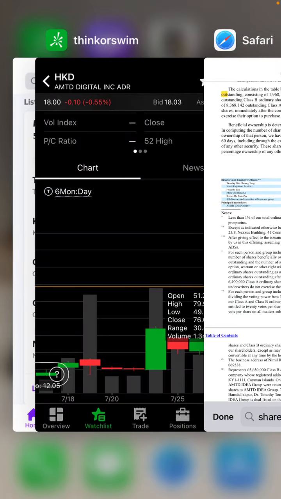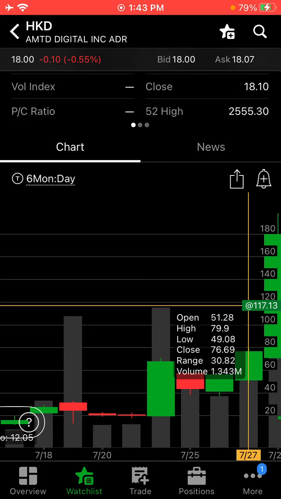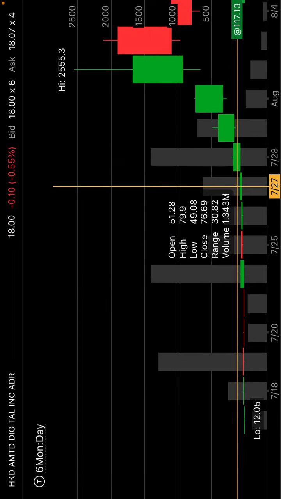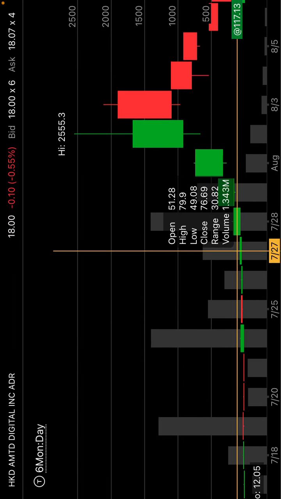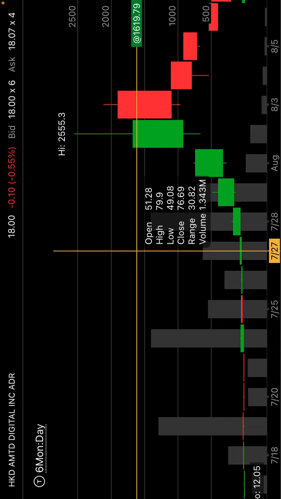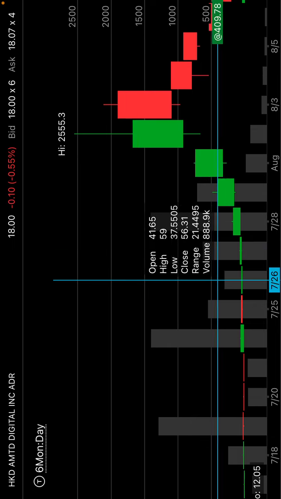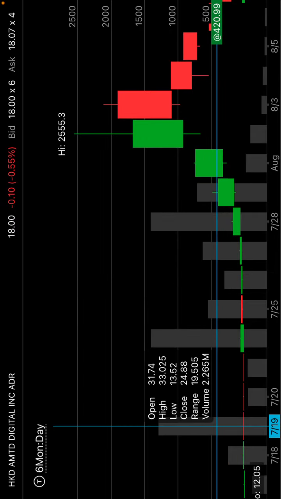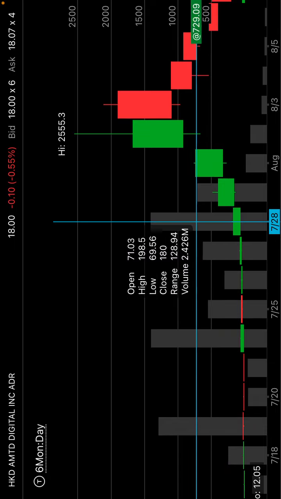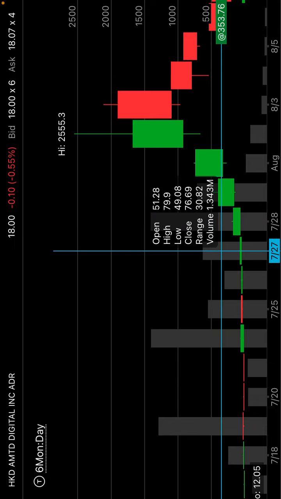And so based on how the float on this day, I can't zoom in closer, but if we were looking at 7/27, we wouldn't see that it already went up to over 2,000. We would see that it went from like 12 to now it's at $80.